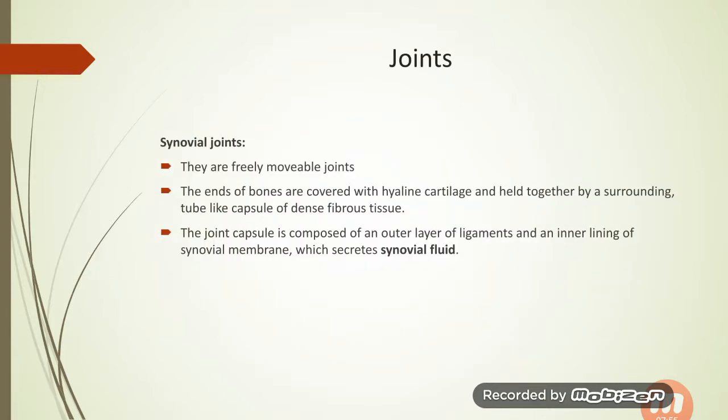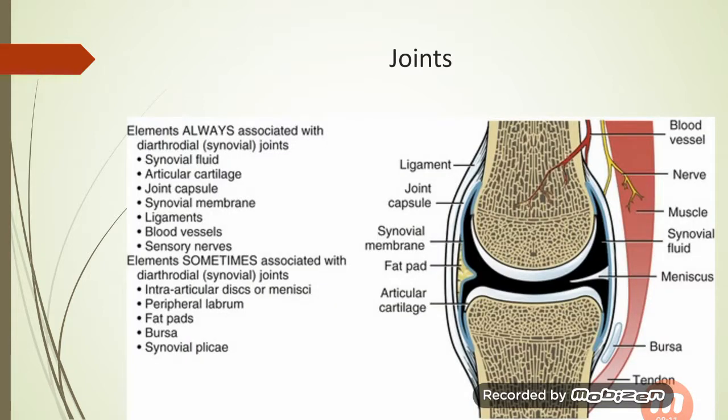Then comes the third type of joints, the synovial joints, which are freely movable. In this type of joints, the ends of the bones are covered with hyaline cartilage again. The ends of the bones are covered with hyaline cartilage and they are held together by a surrounding tube-like capsule of dense fibrous tissues.